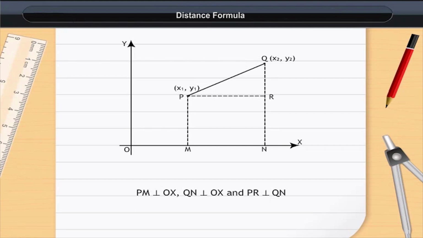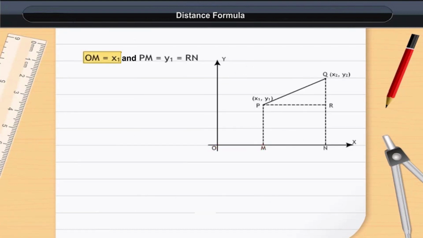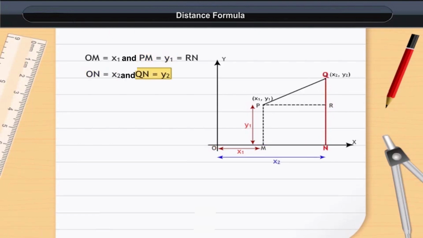Now this picture gives us the equivalent of x1 as OM and we will get y1 equal to PM, which is equal to RN. In addition to this, the equivalent of ON is x2 and QN is equal to y2.